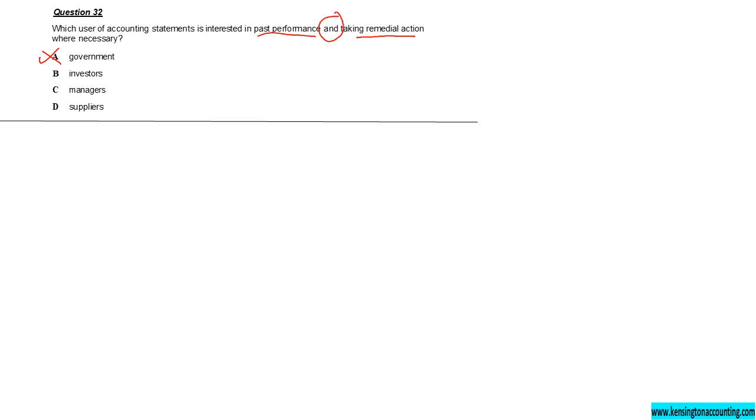Obviously, where a business is making good profits, and where it has potential to make even higher profits in coming years, that would be of interest. But taking remedial action is none of their business, and certainly they won't be interested in that. Therefore, this answer is also wrong. I'll come back to managers in a minute.